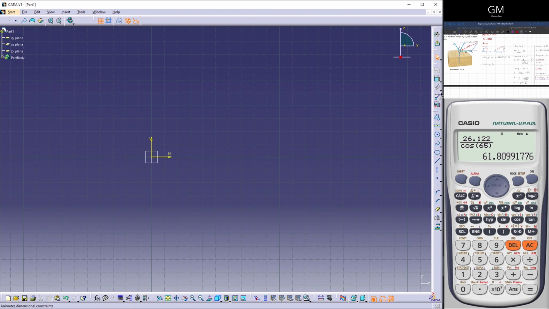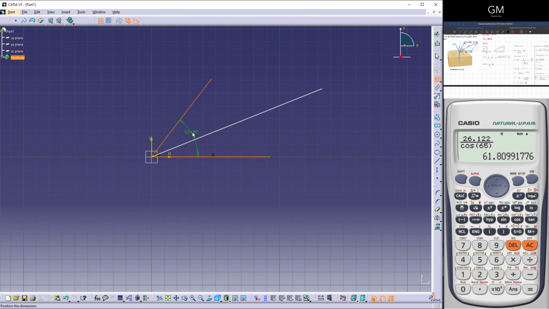Right here I have this. I'm going to start creating some lines. So in this case I'm going to create this line, this line, and the line that I need right here.